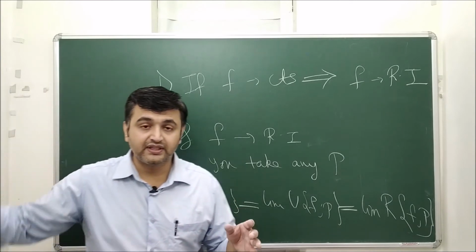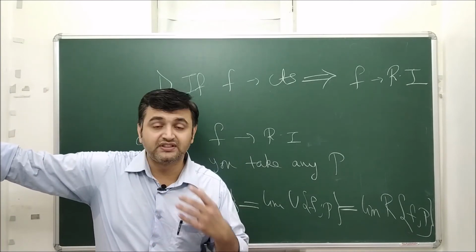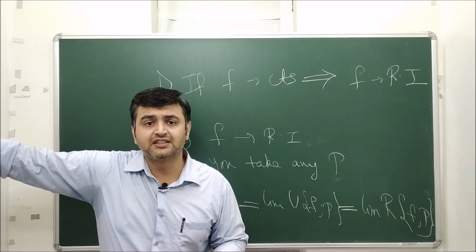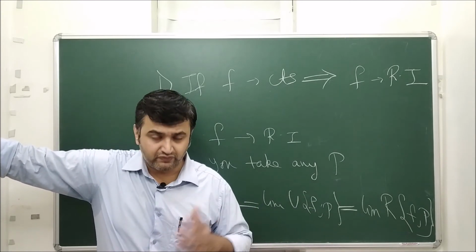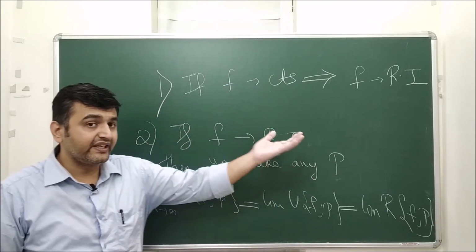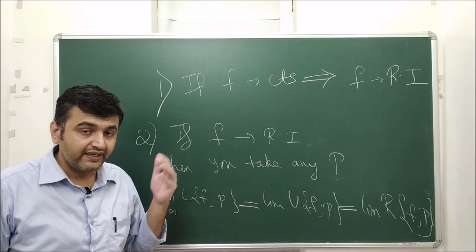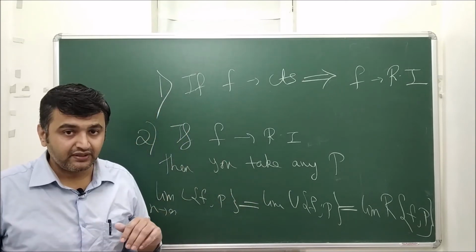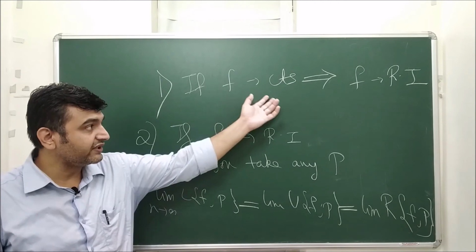So I know that x square was continuous, so I know it's integrable. Therefore you can take any partition, and that's why I took the nicer partition 1 by n. So 1 by n, 2 by n, it was a nice partition, right? Each had the same length, so I could take the length outside. I can do all those nice things if the function is integrable. And why was x square integrable? Because it was continuous.